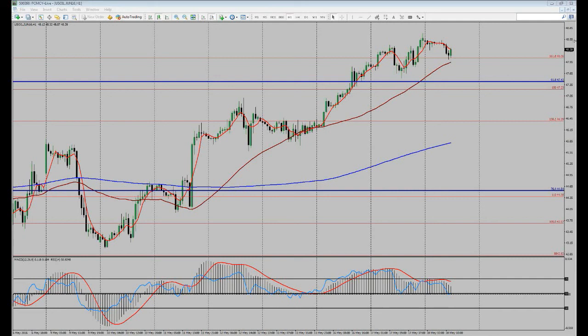So as we see positive data coming out and then a bearish reaction, this is a bearish signal, and it makes me feel more sure that the bearish side will prevail, at least for today.